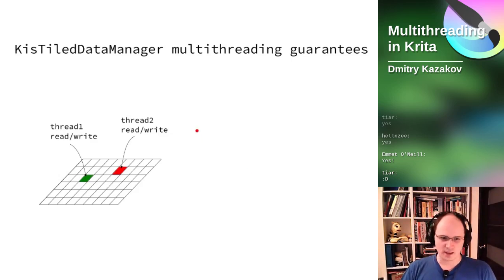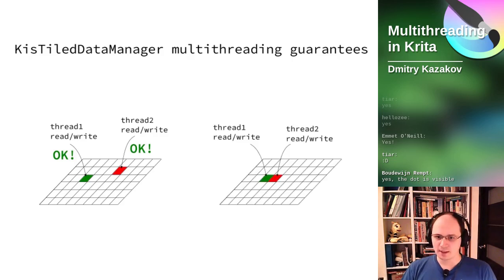I think you can see a pointer here, the red dot. So we have 2 threads which write to different areas of the same Paint device. These threads can do whatever they want inside the area. They can read or write. It is perfectly safe. Data Manager will handle it, even without any blocking inside. Well, yes, that's okay.